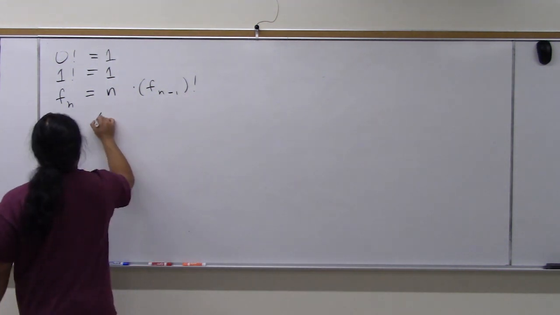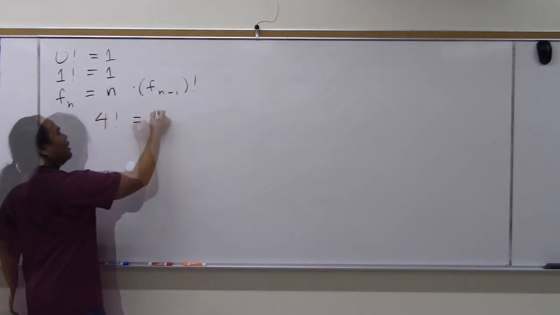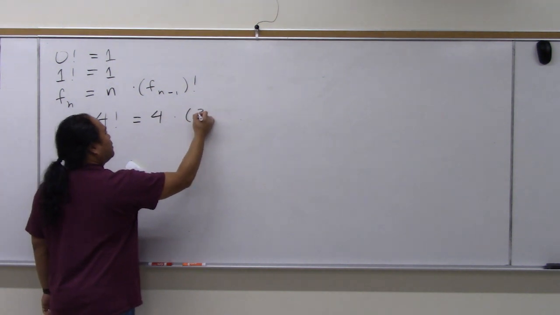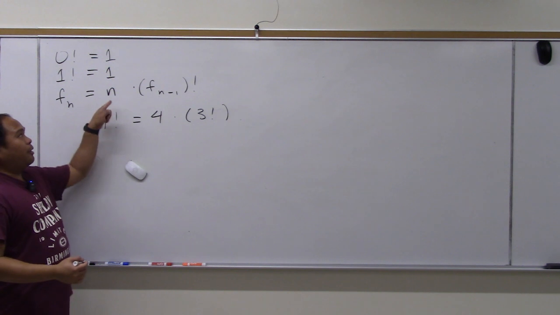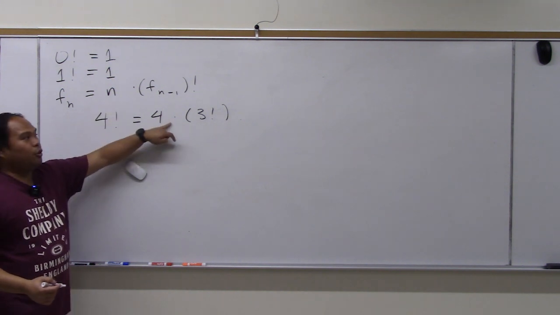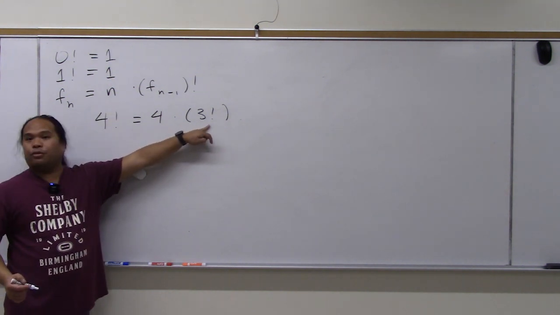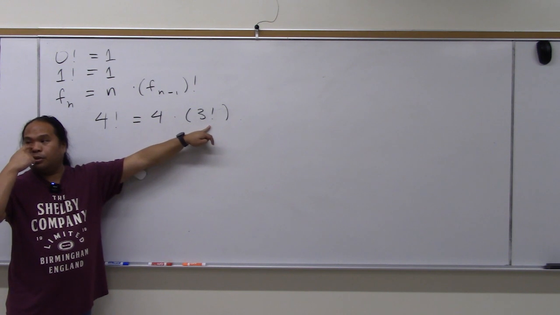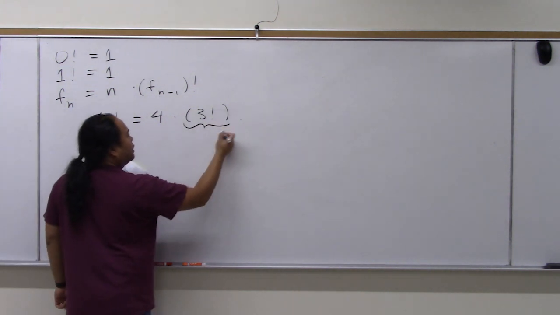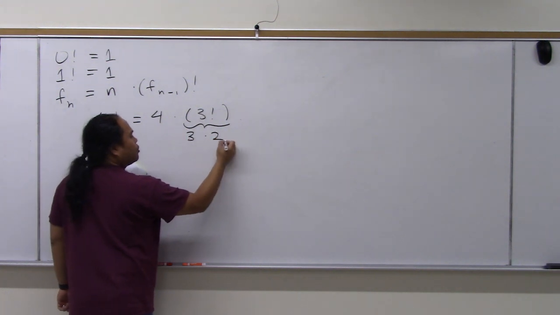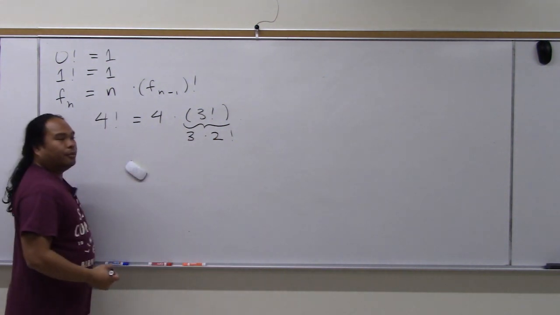So let me just write this out here. It's equal to 4 times 3 bang, right? You write the argument down and you multiply it times a recursive call to itself where you decrement the argument. This here is 3 times 2 bang, right?